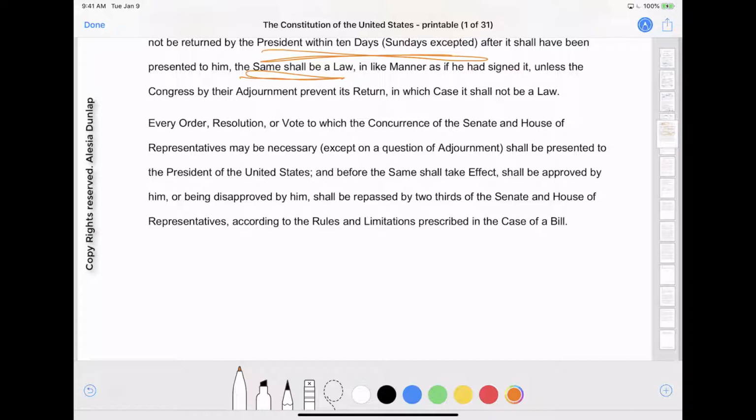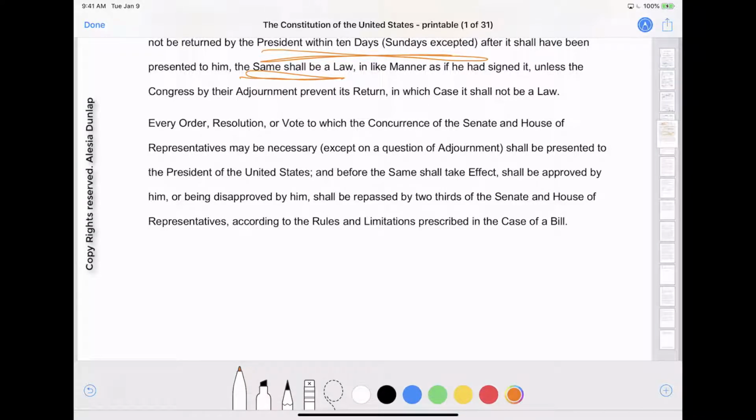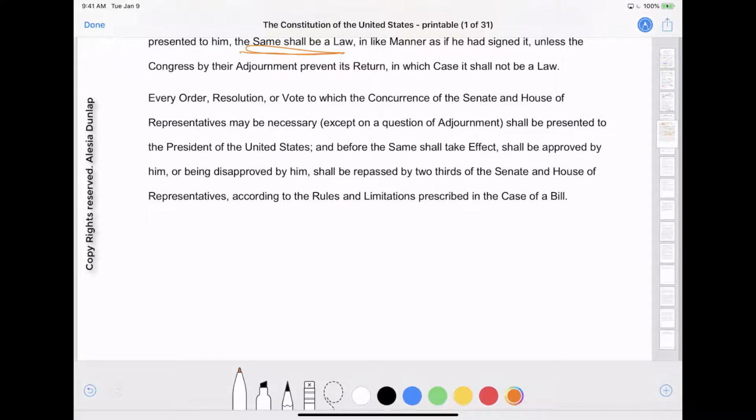So there's this opportunity to override the president's objections, just as they would to pass a bill the president disapproves. We will later discuss how a bill becomes a law, but this is how they outline it. So here is where we get this opportunity to override.